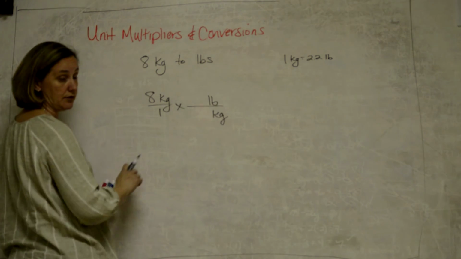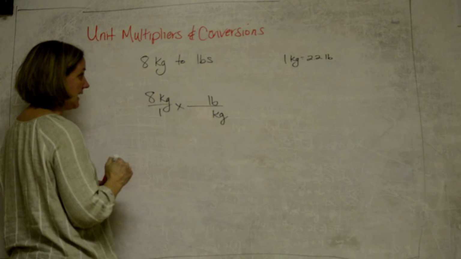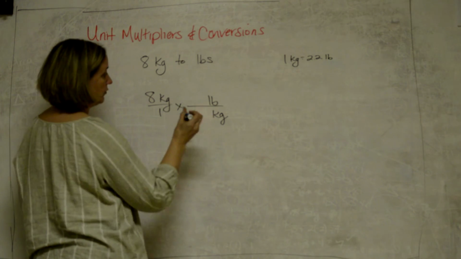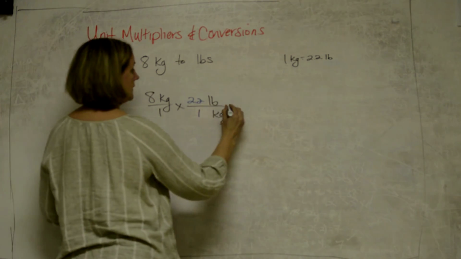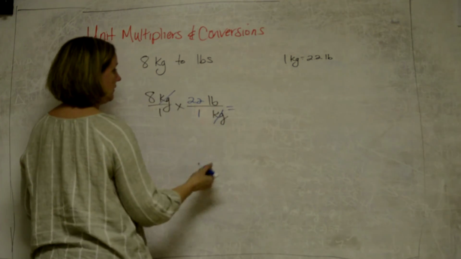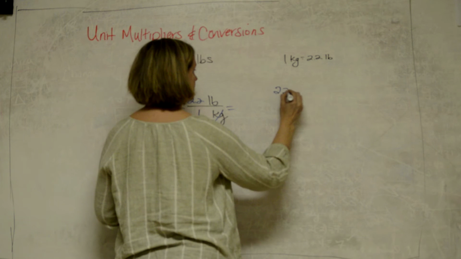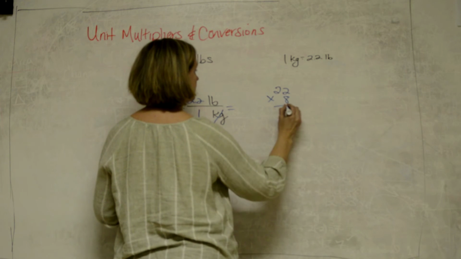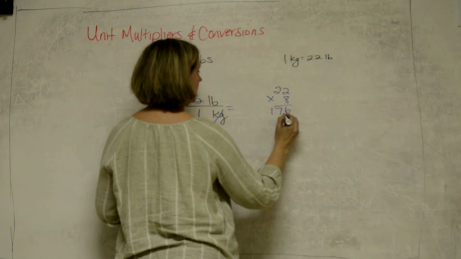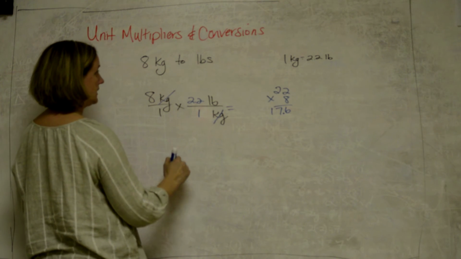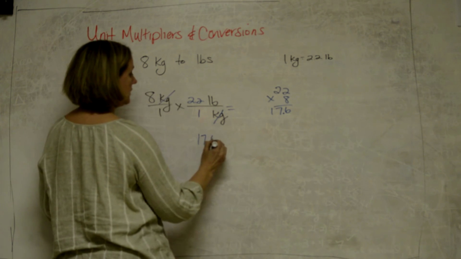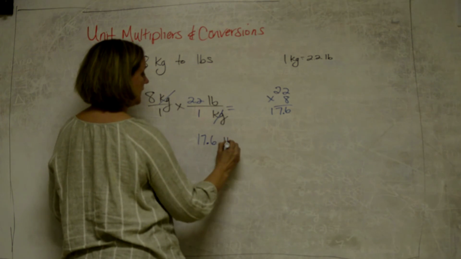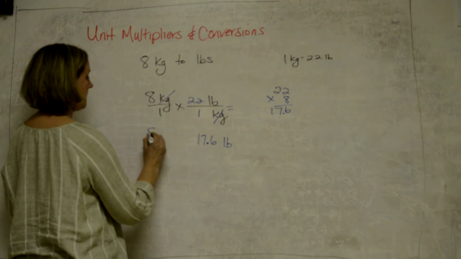Then I fill in 1 kilogram is equal to 2.2 pounds. So my kilograms cancel and I get 2.2 times 8. There we go. So 8 kilograms is equal to 17.6 pounds.